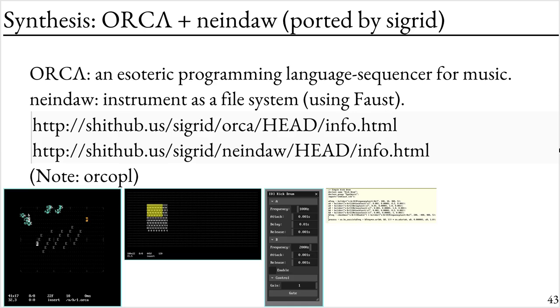And then 9DAW is essentially a way to implement instruments using Faust, a functional programming language, which in a similar spirit to GUI a bit, lets you generate graphical user interfaces solely based on the code of the actual instrument. And we do have from Umbraticus also an Orca instrument named Orca OPL.